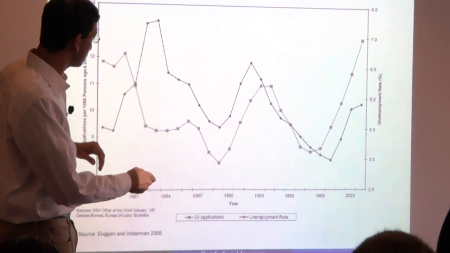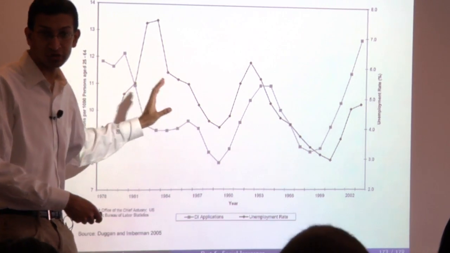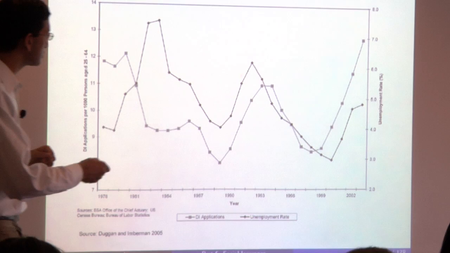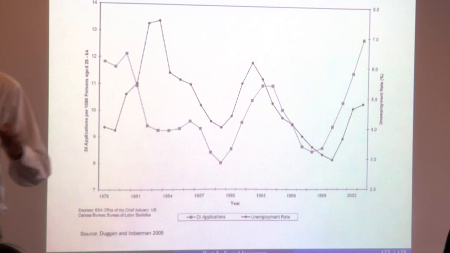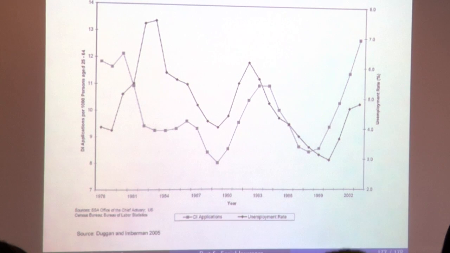But when you look at the later periods, especially after the mid-'80s when there was a big change in the DI program that made it cover more conditions, it starts to look like these things are more co-integrated, right? They're moving together.